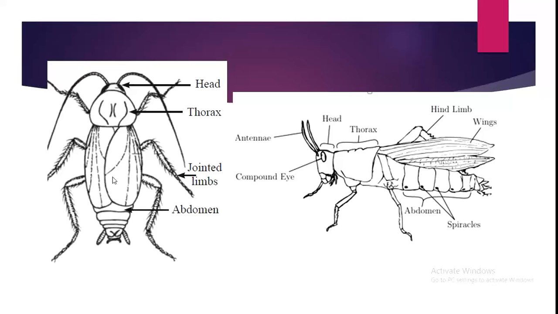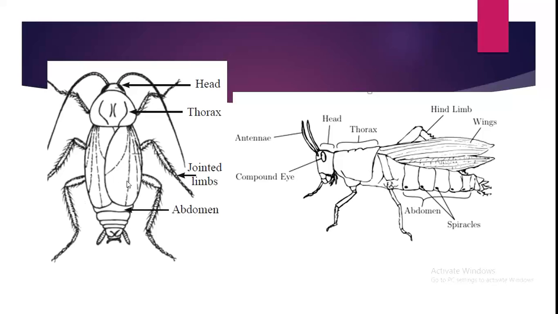Annelids, the characteristic feature is they are the first triploblastic group, and the most important feature of annelids is having internal and external segmentation. Mollusks, they have a muscular foot. Arthropods, the characteristic feature is having jointed appendages.